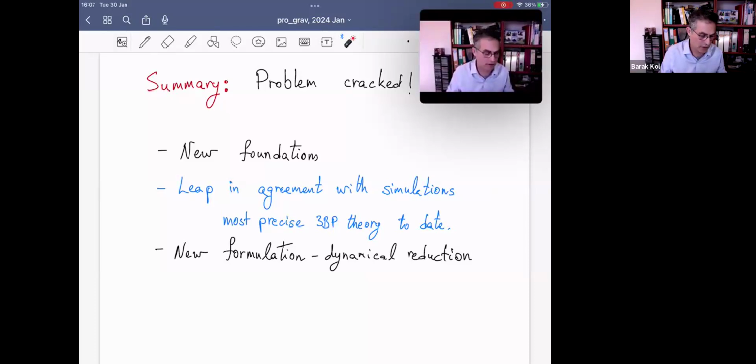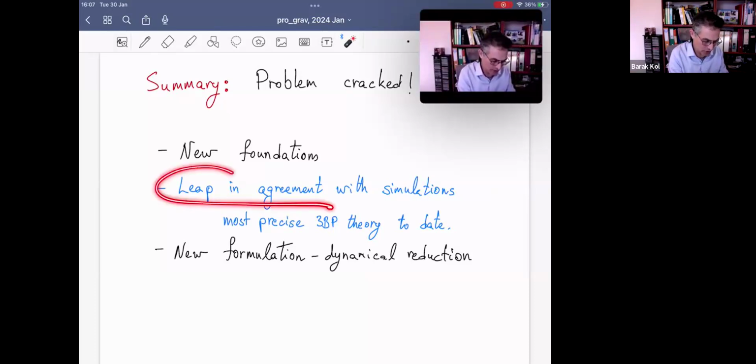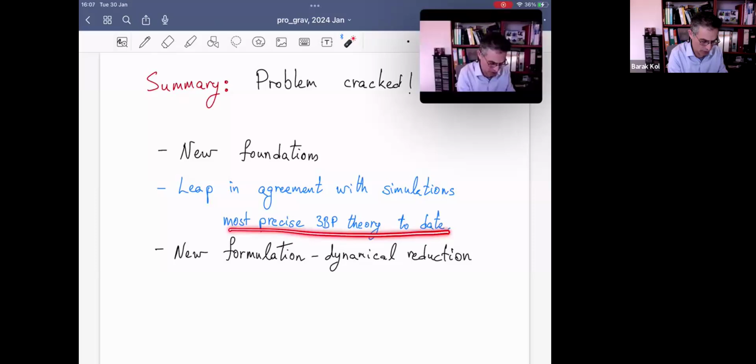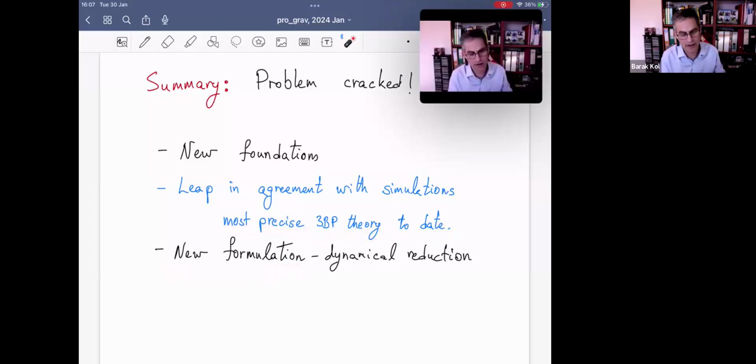That's an open issue. We achieved a leap in agreement with simulations. It's the most precise three-body problem in statistical theory to date. And I also showed you a new formulation, the dynamical reduction, which has various neat geometrical, physical aspects to it.